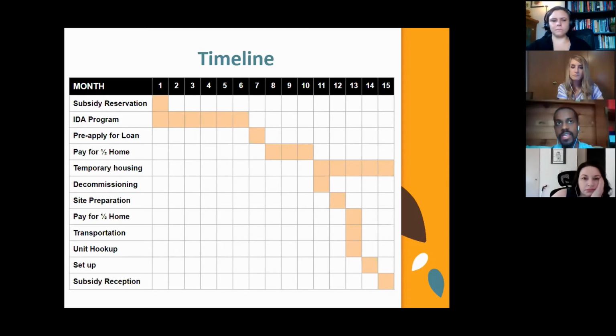So when you have a site-built home, a home that's built on land that you own, you can kind of pay at the end, but with a manufactured home, you have to come up with the money at the beginning, because they use those resources that you give them to pay for the materials to actually start building your home.